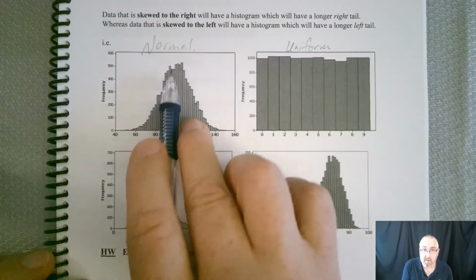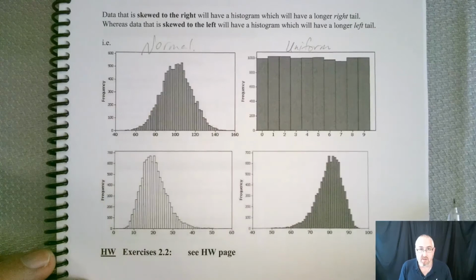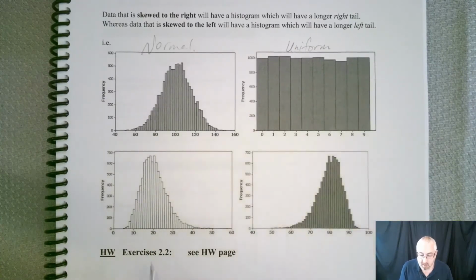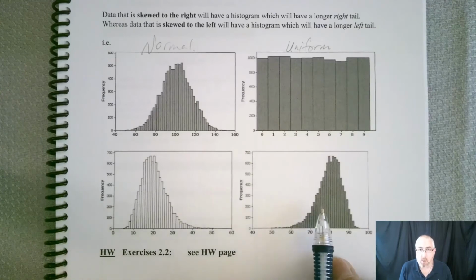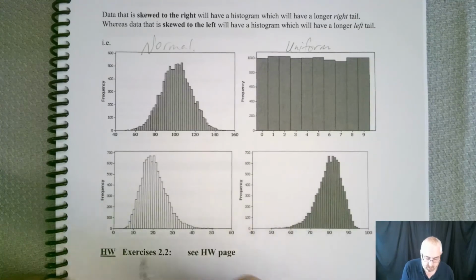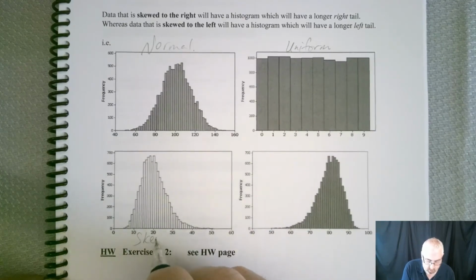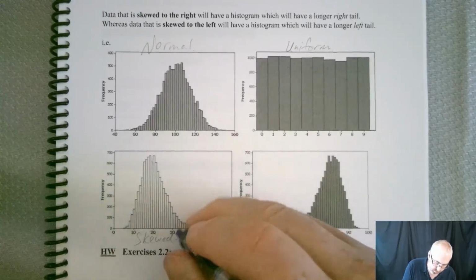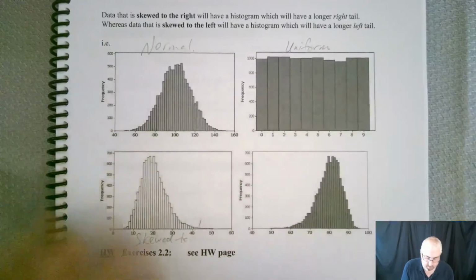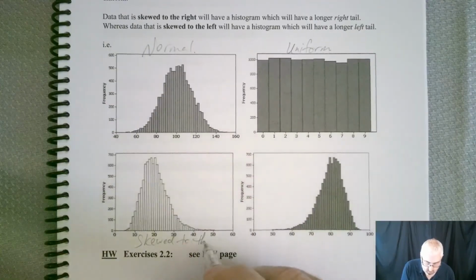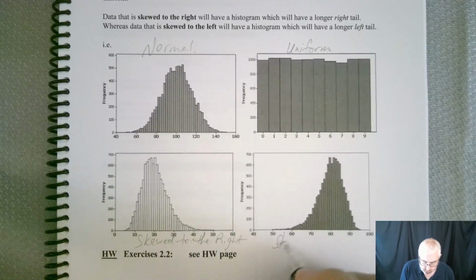Obviously, there's a little bit of missing values there, but overall, it looks pretty bell-shaped. So, but these ones are definitely skewed. So, which one's which? This one is skewed to the right, and this one is skewed to the left.